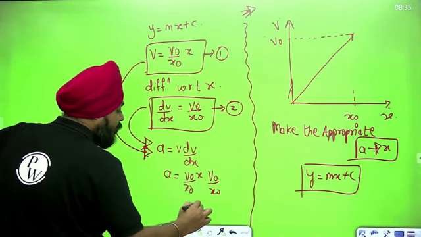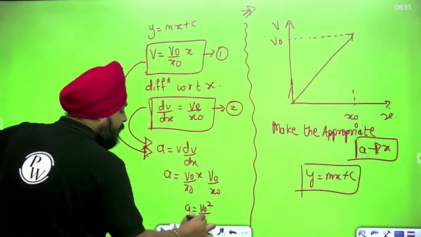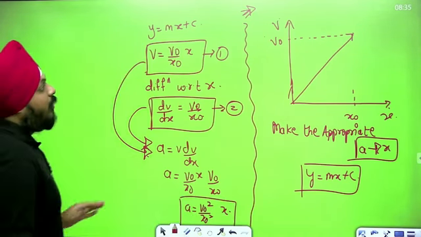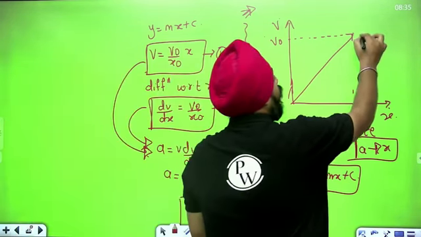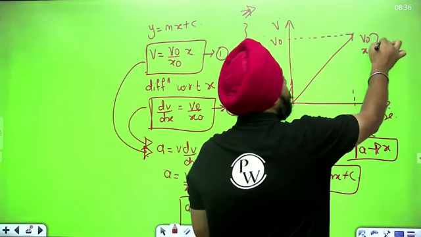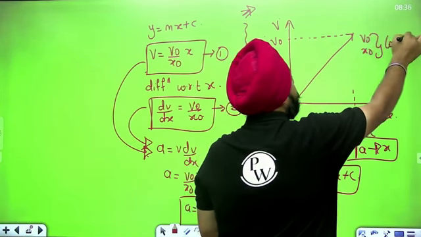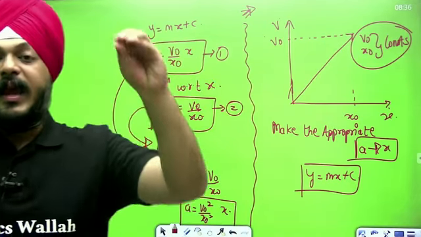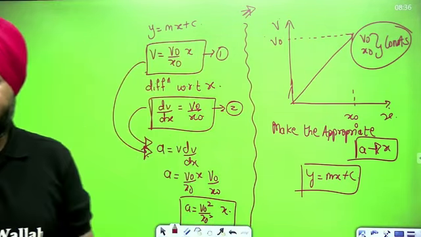So the acceleration equation is v0 square by x0 square into x. Here v0 and x0 are kept constants.